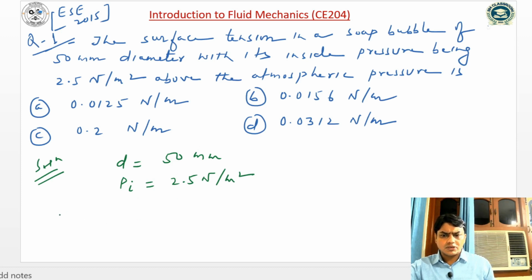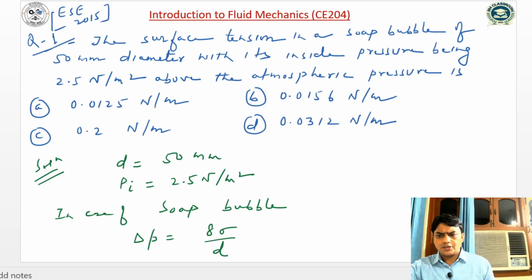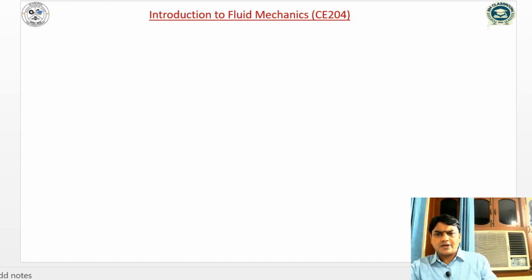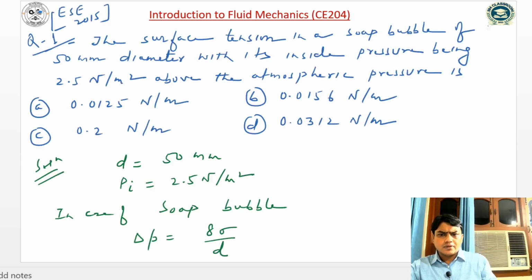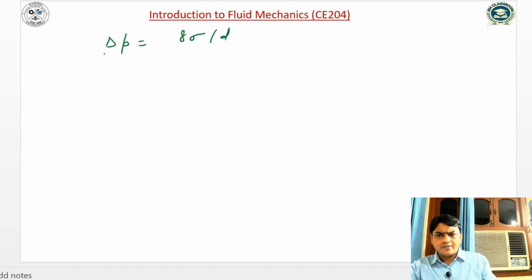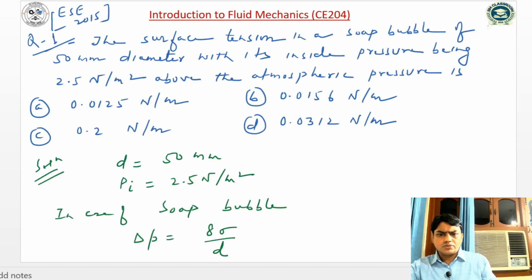In case of soap bubble, we have seen that delta P is equal to 8 sigma divided by D. So delta P is 2.5 minus 0, so 2.5 is equal to 8 into sigma divided by diameter, which is 50 mm.